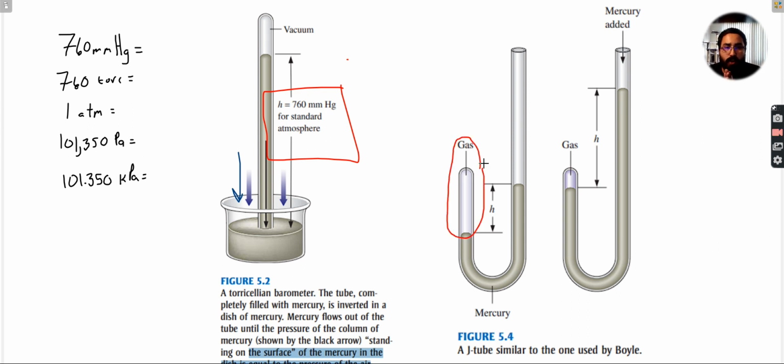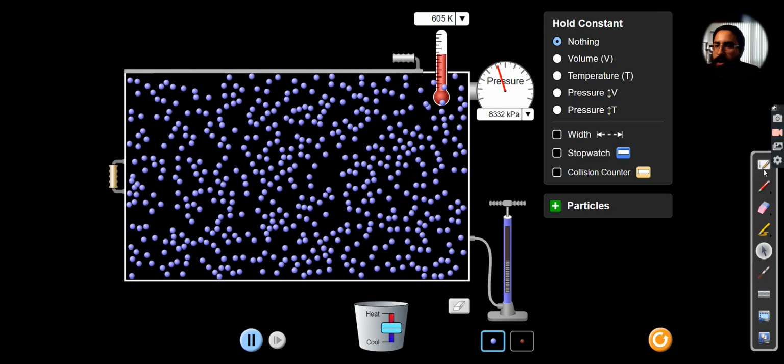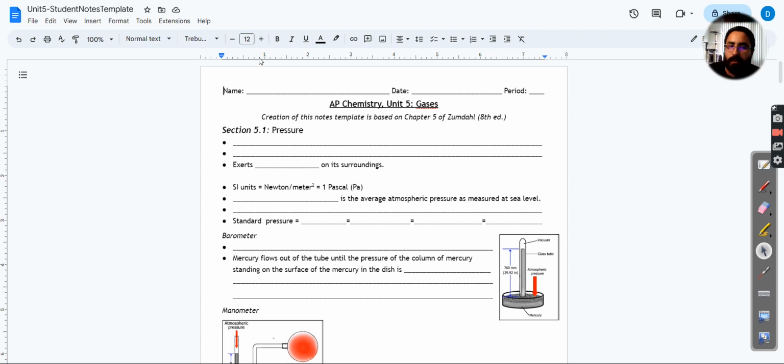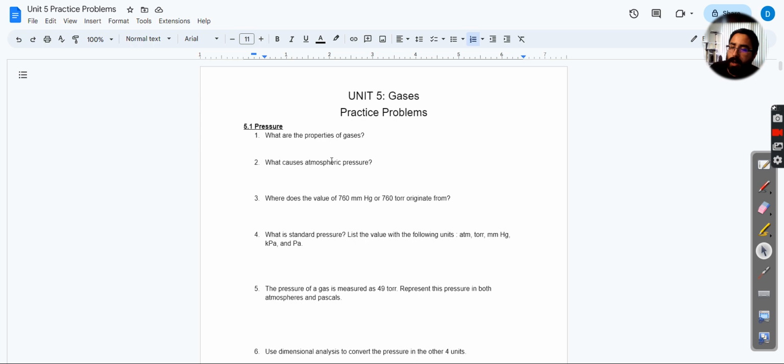It just showed that it didn't matter what gas it was made out of. The amount of particles is what really mattered. That's something that Avogadro came up with later. All right, so I believe you have some problems with this. Let's check it out. It's just conversions, but I really wanted to give you guys an understanding of pressure and where it came from. If I forgot something, we'll talk about it later.